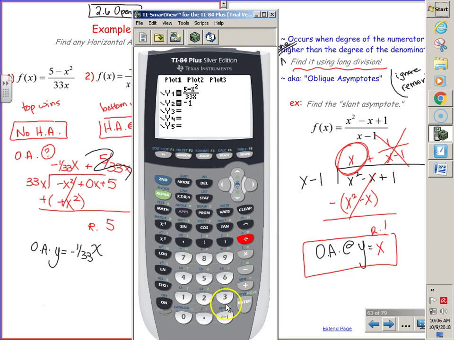My calculator knows PEMDAS, so when I write it like this, it divides just those two and then multiplies. If you wanted to divide by 33 times x, you'd have to put parentheses, just in case you're wondering. But what's special about that line? Oh, there's the oblique asymptote. Make it dotted and you've got it.